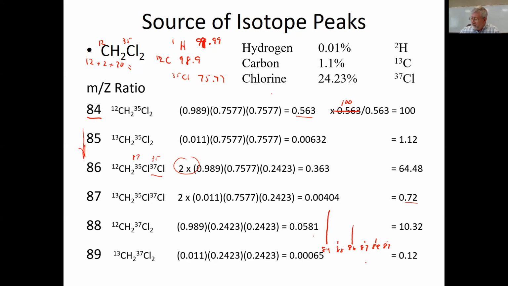For two chlorines, it's kind of what we did over here. It gives the actual numbers, 165 and 10.6. Close to what we got. We're not considering the hydrogens, and the hydrogens have a little effect. So that can tell you how many chlorines you have.